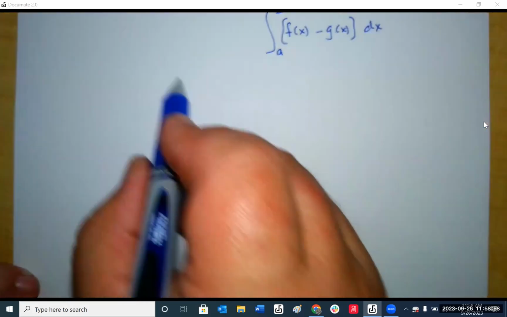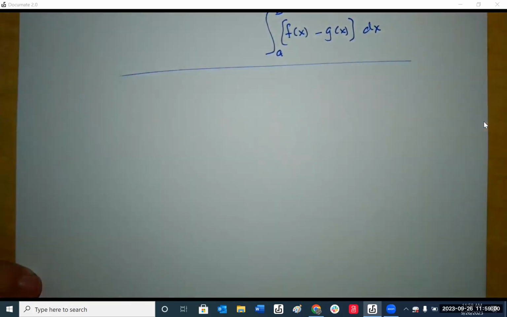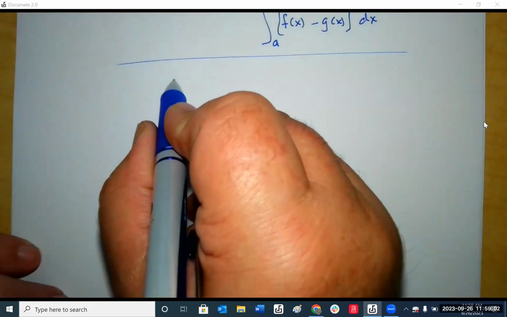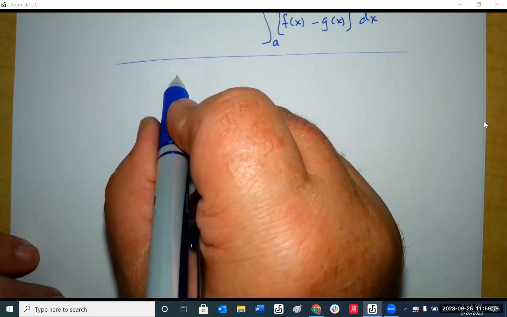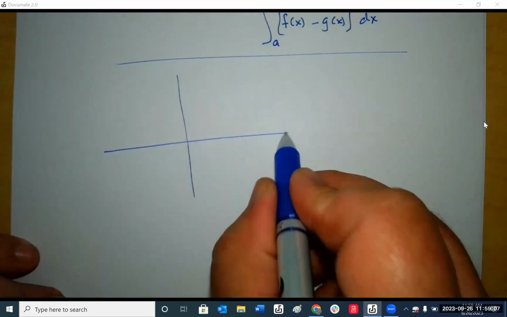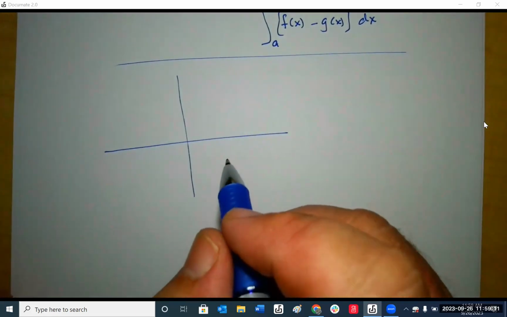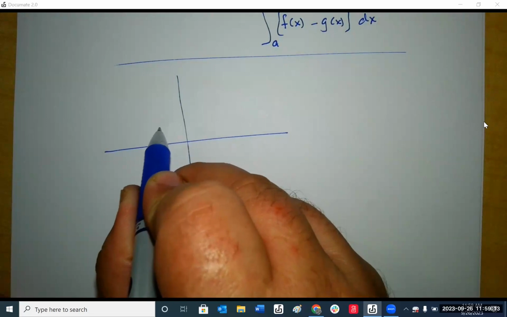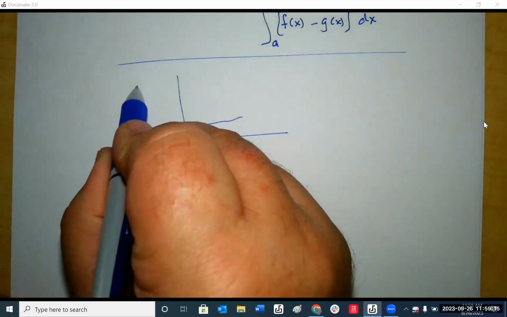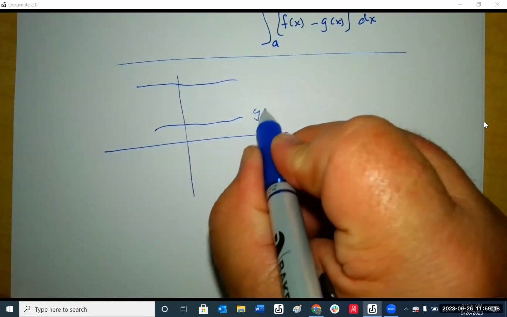So let's take what we have here and rotate it about an axis. Here's our g of x. Here's our f of x.